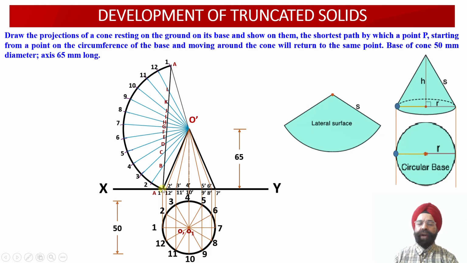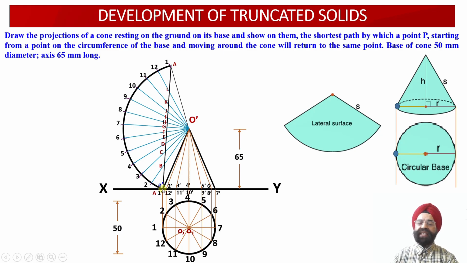Point number 1 corresponds to O-1'. O-1' has been cut by this string at point A, point A lying on the circumference of this arc. Now if we project this point A back onto O-1', we find that points A' and 1' coincide with each other.